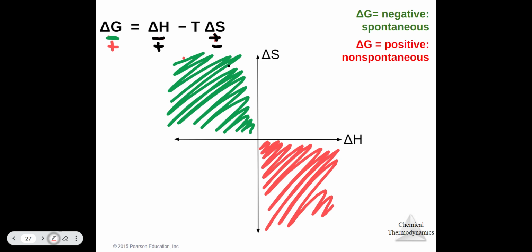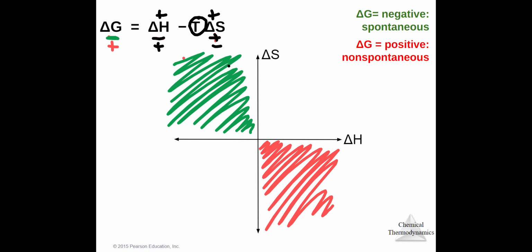But what happens now if our signs are the same? Let's say both are positive. I have a delta H and I'm subtracting another positive number. Now that could result in both a positive or a negative number. What's that going to depend on? It's going to depend on the size of our temperature. How big is our temperature going to be?